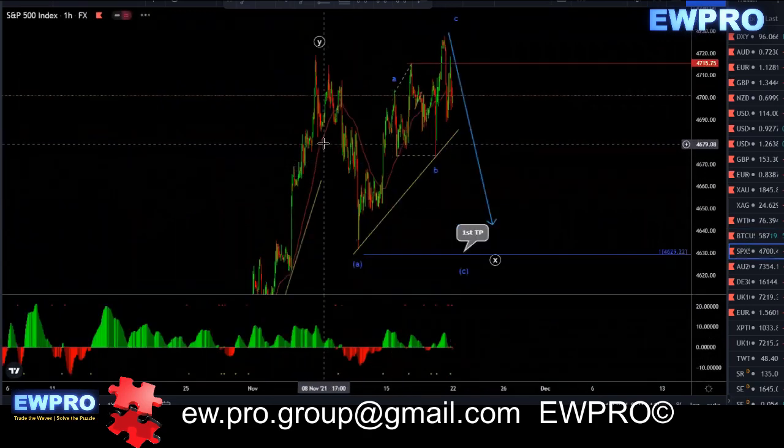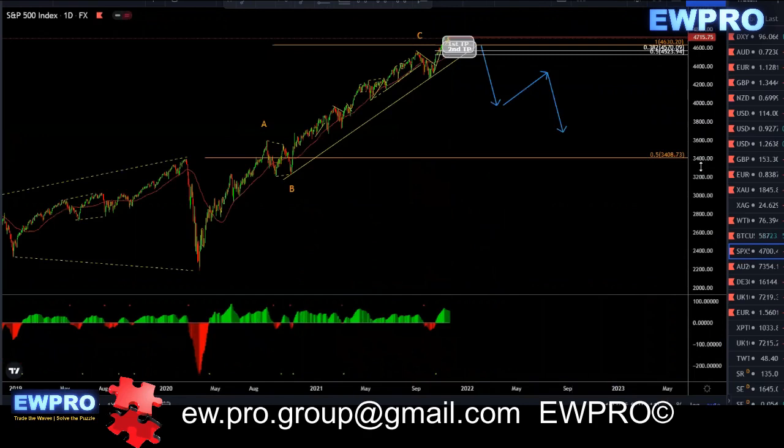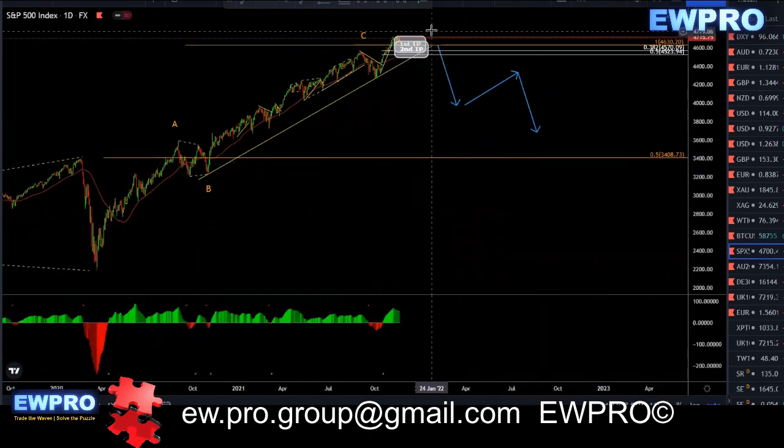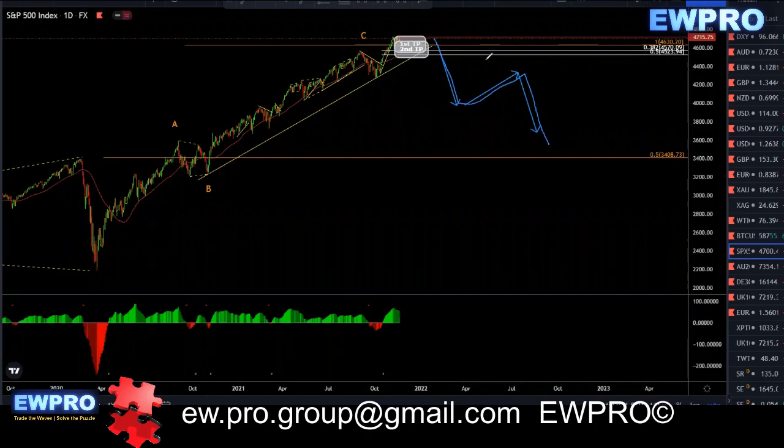SPX on the daily. Eventually we're looking for this A, B, C. We're looking for a larger correction eventually. We got a lot of bearish divergence. We had that bull hidden here, and it's gone and broken the top.